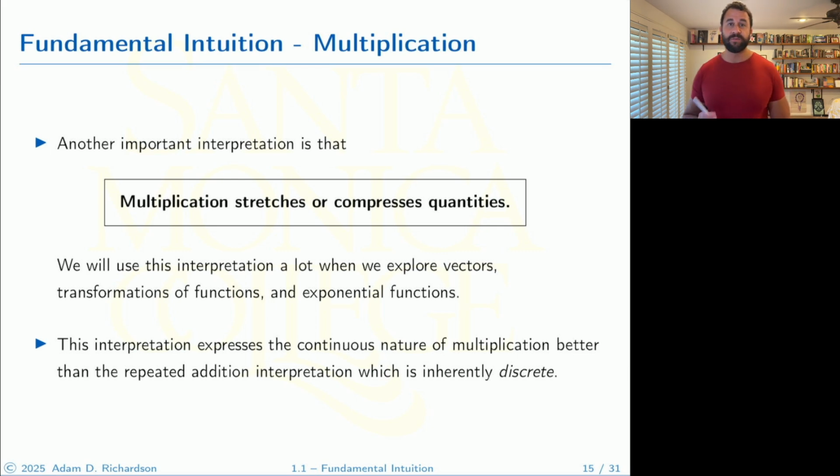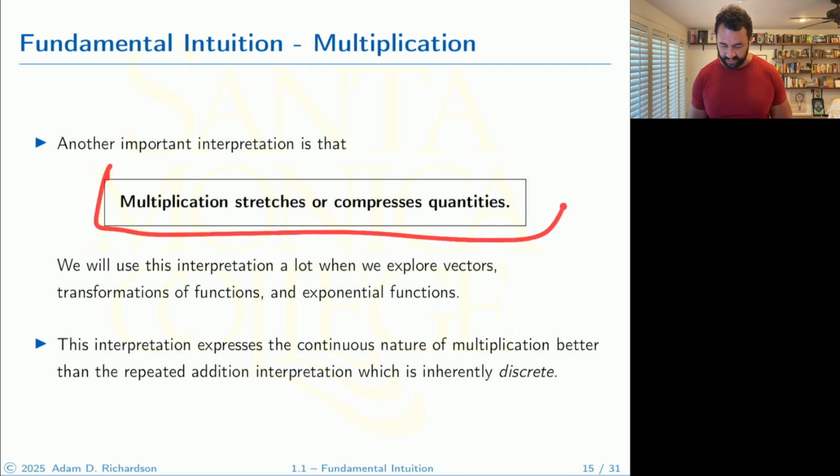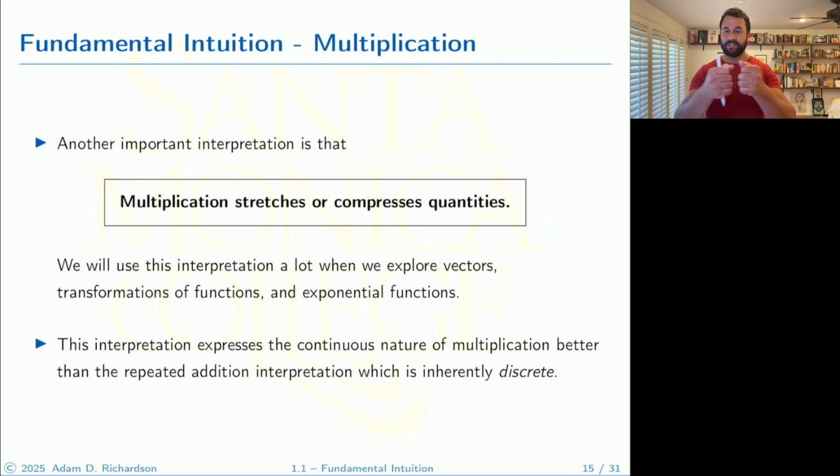Another important interpretation of multiplication is this. We're going to see this more later. Multiplication stretches or compresses quantities. Like before when I had 8x, you can think about 8x as taking the number x and stretching it by a factor of 8, stretching it to 8 times whatever x is.